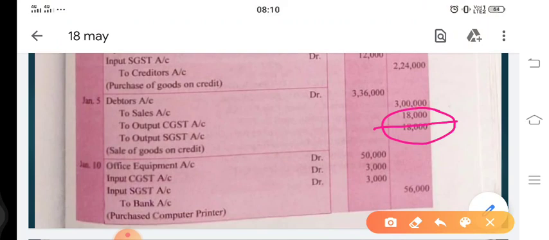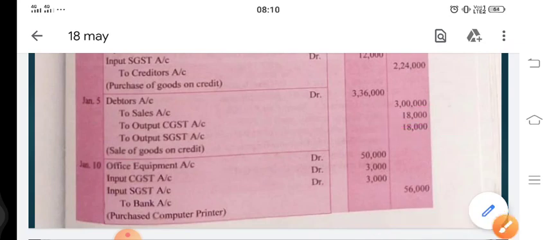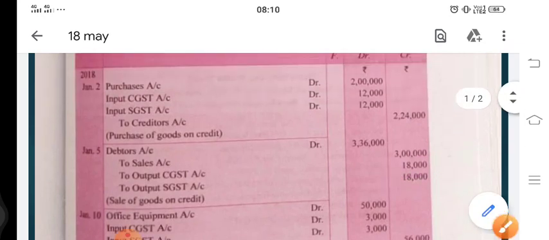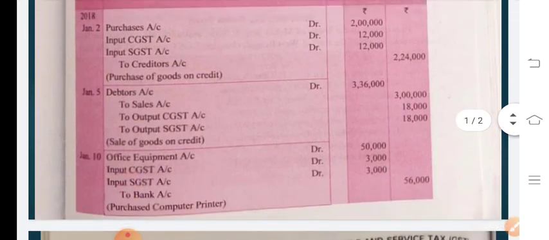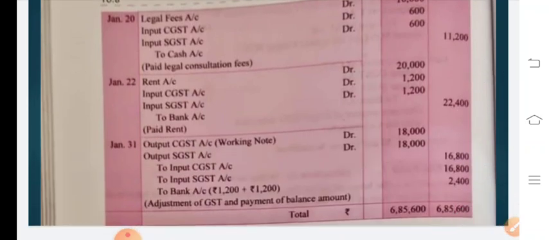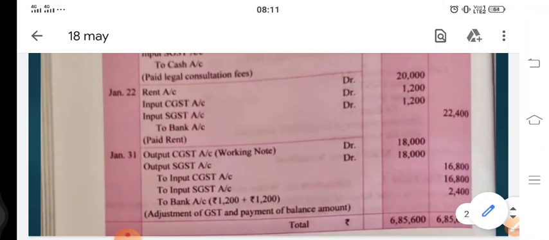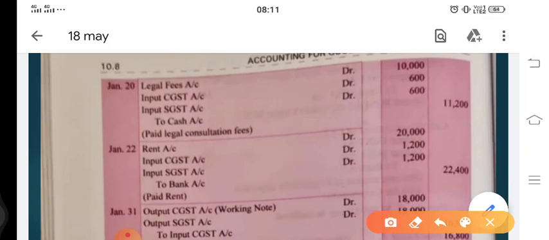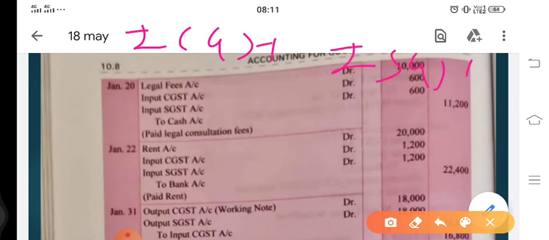Now we have to check the input portions. In the first case input is 12,000 and in the second case 3,000. Let's check the working note. We'll have here input CGST and input SGST.